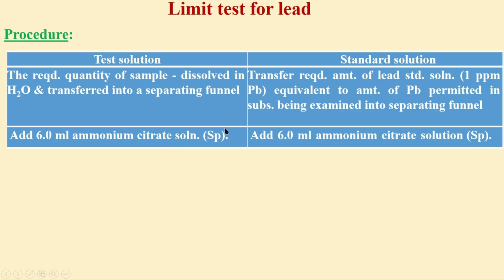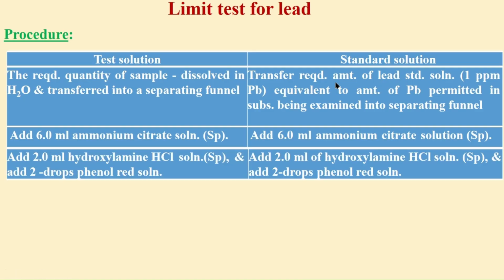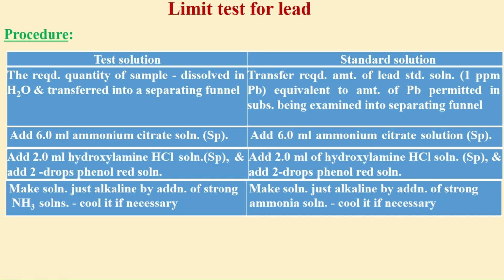That's why it should be specially prepared for the limit test for lead. Then we add 2 ml of hydroxylamine hydrochloride solution followed by 2 drops of phenol red solution. Again, it is followed by the addition of alkaline solution.